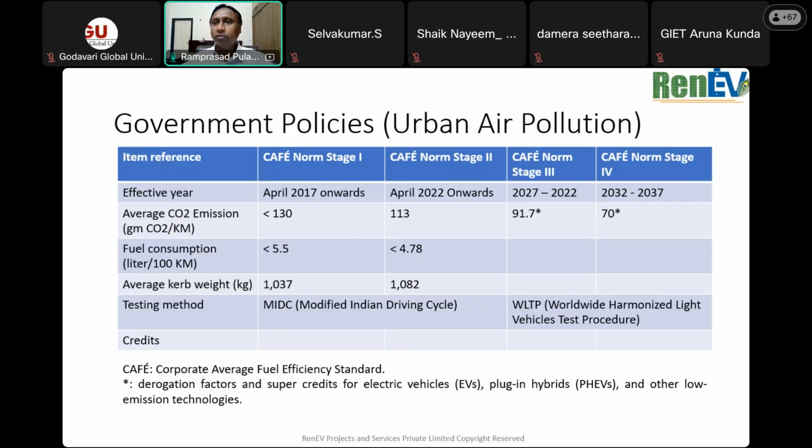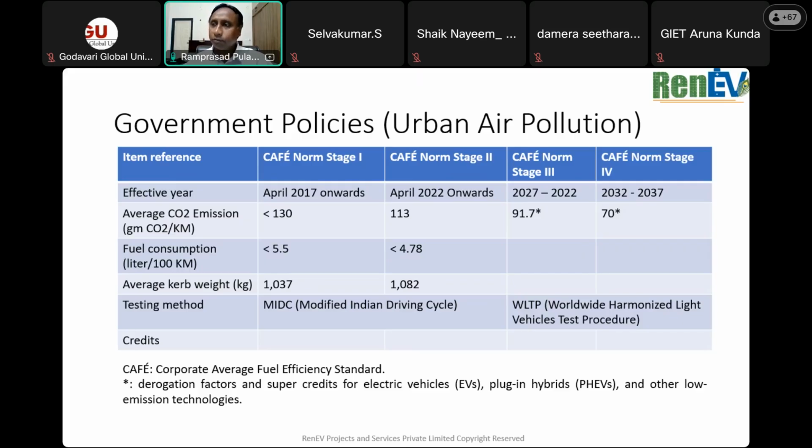When you come to CAFE norm stage 3, which is effective from 2027 to 2032, there is a printing mistake there, sorry. It is written as 2022, but it should be 32. The average CO2 emissions in grams per kilometer has reduced to 91.7.